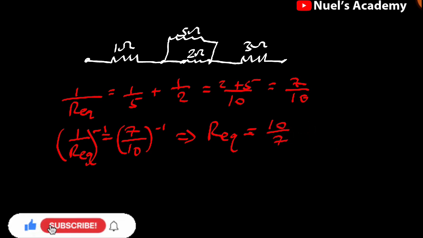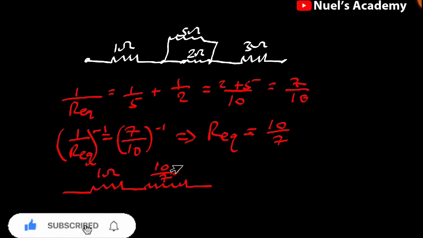Let's not approximate now. So let's redraw our diagram. We have 1 ohm here, and then these two give us 10 over 7 ohms, and then we have another one here which is 3 ohms.